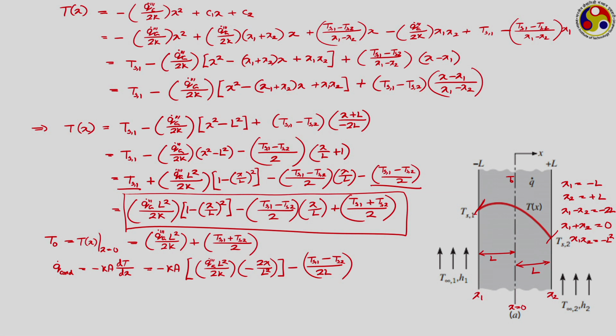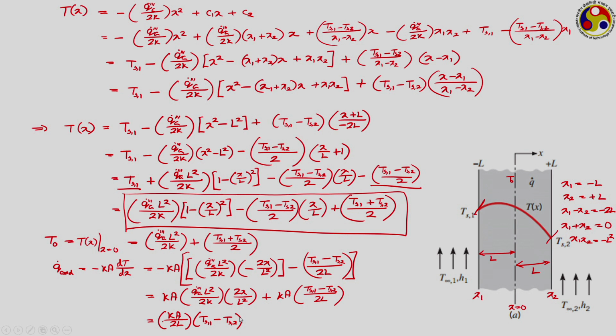If we just rearrange it a bit, taking the minus sign out, we have k A into Q dot triple prime L square by twice k into 2x upon L square plus k A into Ts1 minus Ts2 upon twice L. So, k A by 2L into Ts1 minus Ts2, the second term I am writing first.